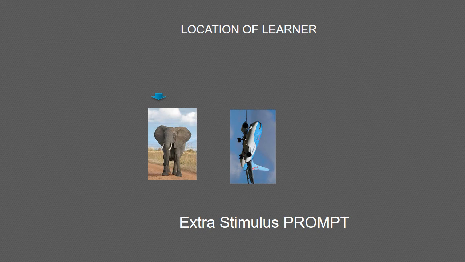So as I fade that back, I can test it without the presence of a prompt. I can say touch the elephant, and if they are able to touch that elephant without the presence of that arrow, I can say that I've transferred the control of the stimulus, the arrow, to my more naturally occurring one, me saying touch the elephant, the SD. I can say that the stimulus was transferred.